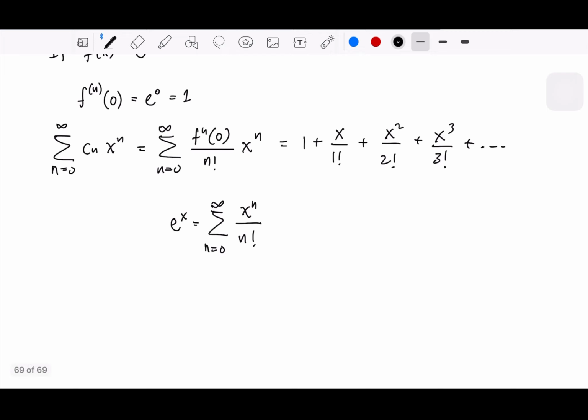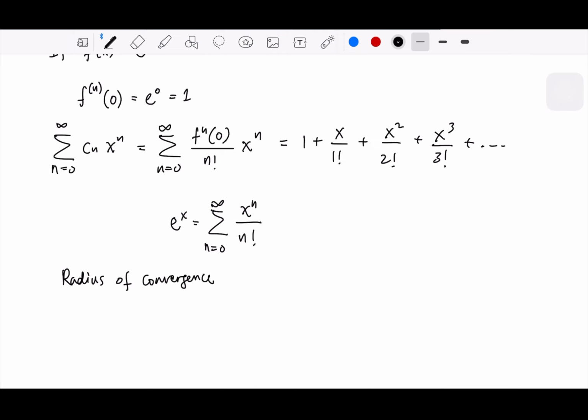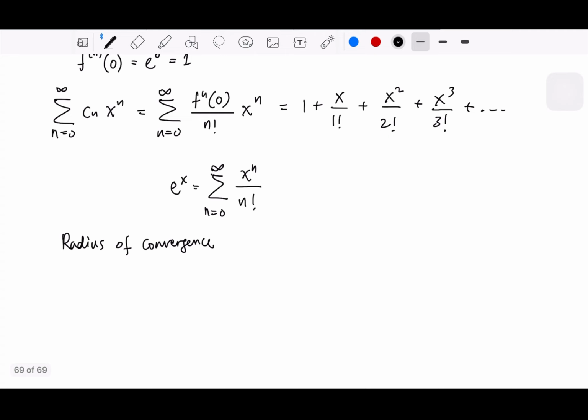And if you need to find the radius of convergence, we can do the ratio test, okay, if you like. So by ratio test, let a_n be x to the n.